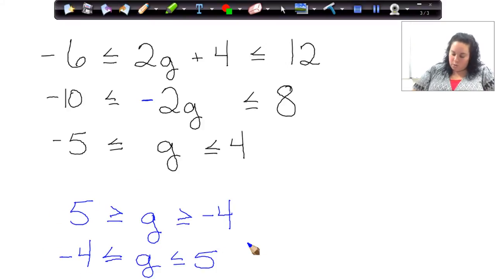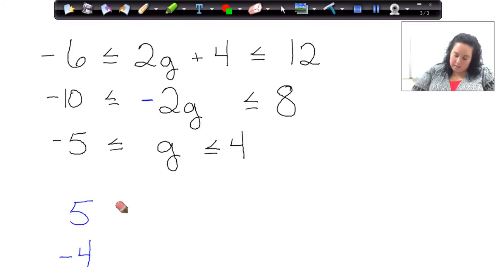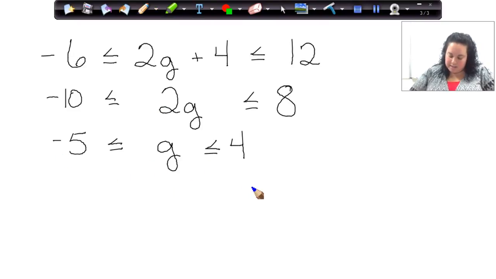So you'd switch the whole thing around, mirror it, and then you'd end up with this, okay? So that's just a side note in case you have to divide by a negative when you have a double inequality like this one is. Okay, let me get rid of that negative. Okay, let's go back to the problem at hand. So divide everything by 2, we get this.